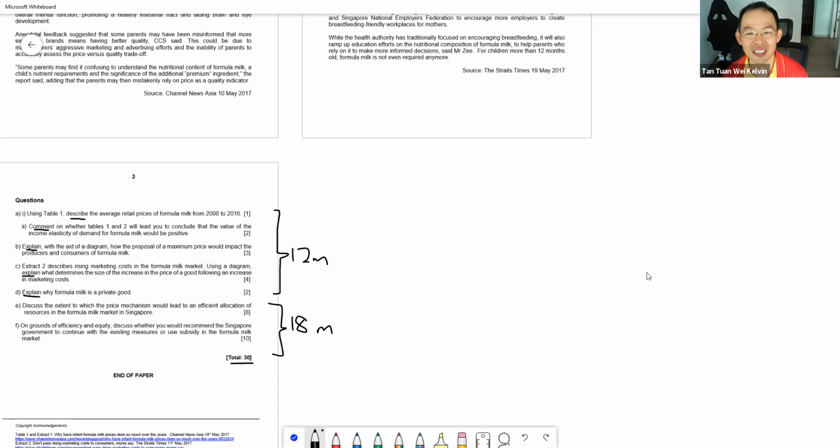These are what we call the lower order skills. On the other hand, for the 18 marks, do you see the word discuss and discuss? They are what we call higher order skills. HOS stands for higher order skills. These are what we call the DRQ, data response questions. So from the marks alone, it tells you that you got to spend a bit more time in the HOS questions compared to the DRQs.